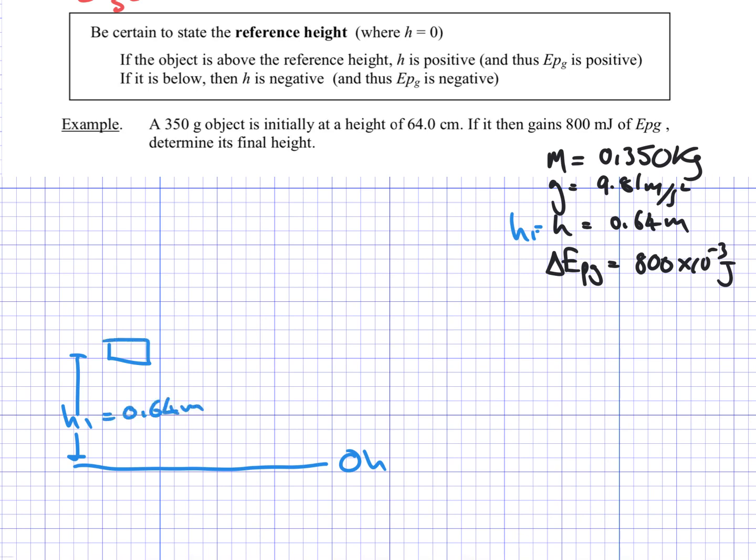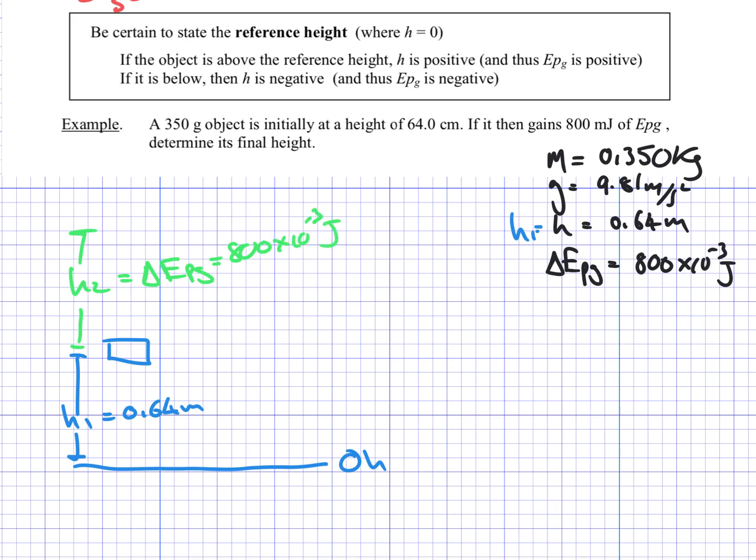It now gains some height 2, and this is equivalent to a change in gravitational potential energy of 800 times 10 to the negative 3 joules.